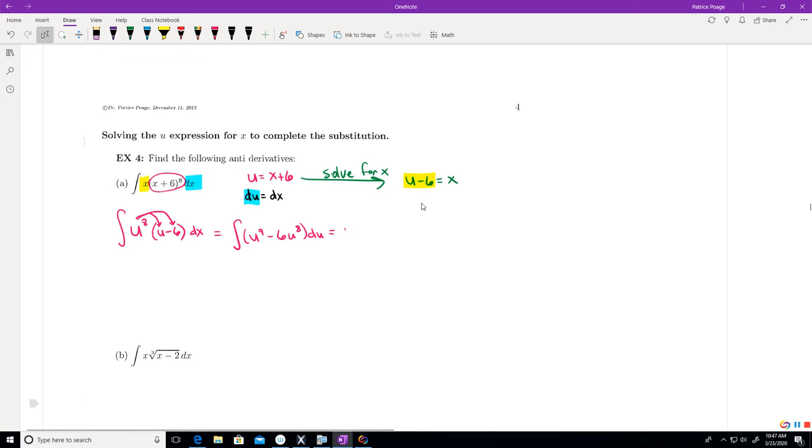So I have u to the 10 divided by 10 minus 6u to the 9 divided by 9 plus c. So I end up with 1/10, and instead of u, I'm going to put x plus 6 back in, minus 6/9, I can take a 3 out of both, so that'll be 2/3, and instead of u, I'm going to put what it equals back in.